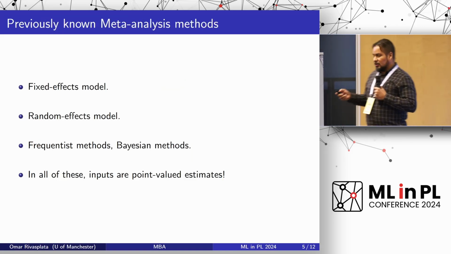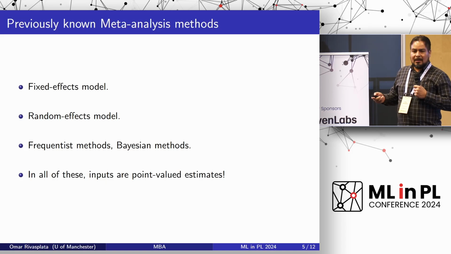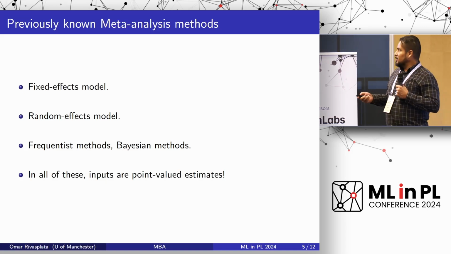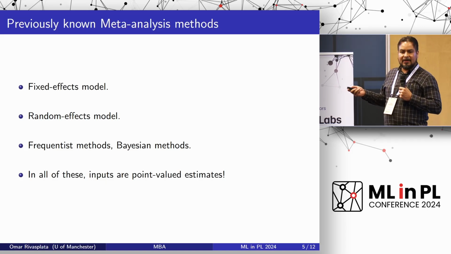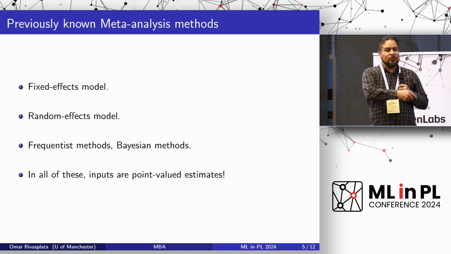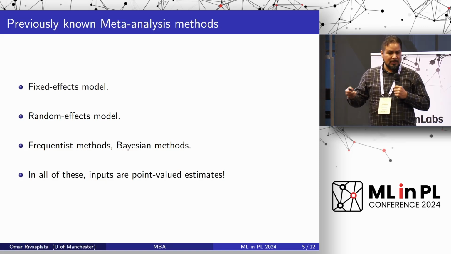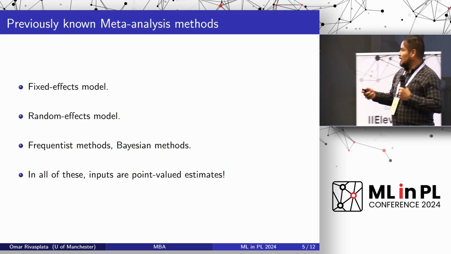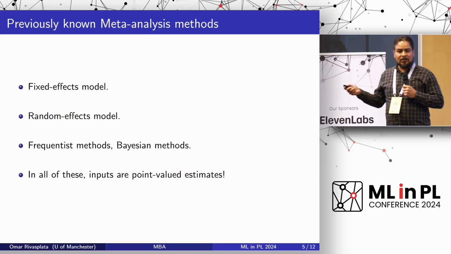Okay, what was previously known? There are some methods to approach meta-analysis. There is something called the fixed effects model, and there is a random effects model.